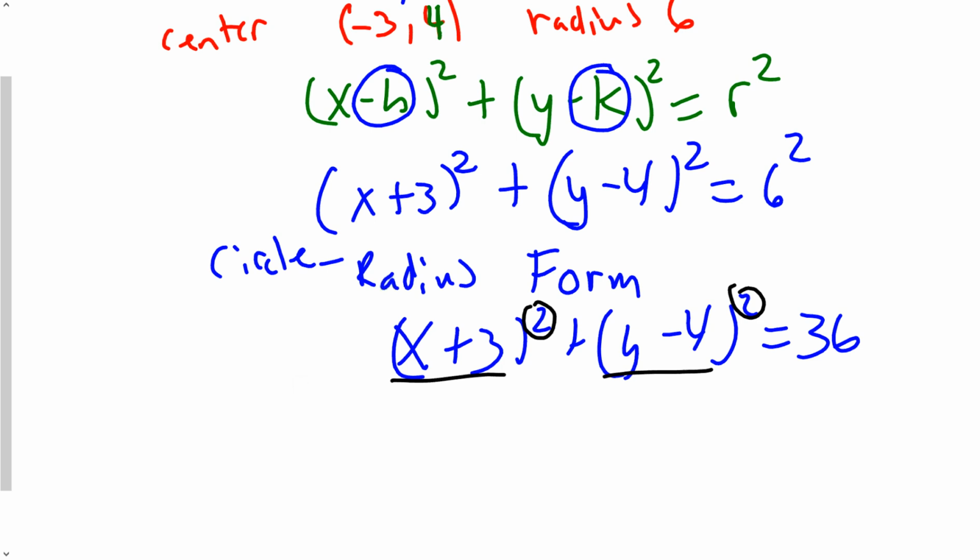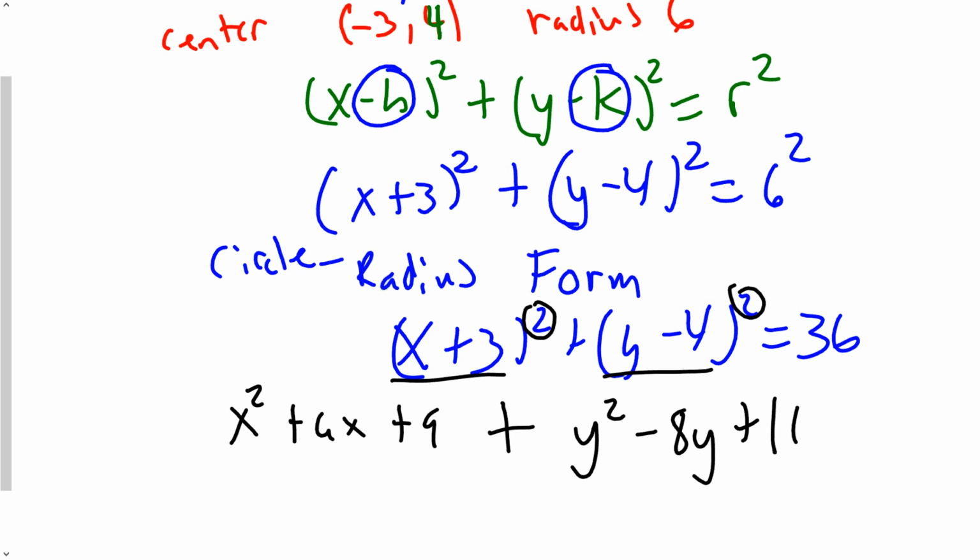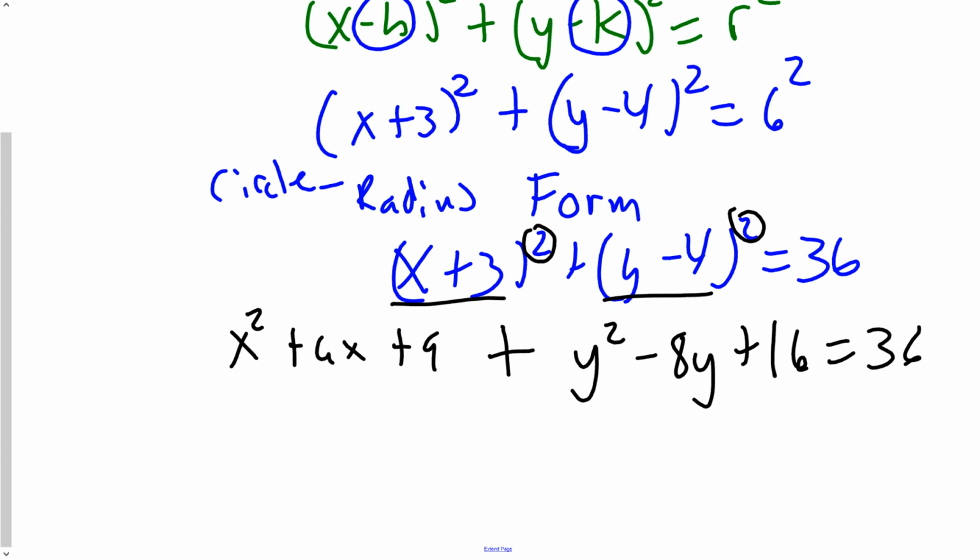So we'd get x squared plus 6x plus 9 for (x plus 3) quantity squared, and then I'm adding (y minus 4) quantity squared, which is y squared minus 8y plus 16 equals 36. Then instead it equals 0, combine like terms. And you always put x squared first, followed by your y squared. It's always going to be positive here.